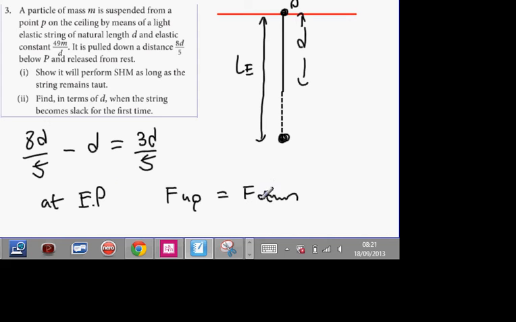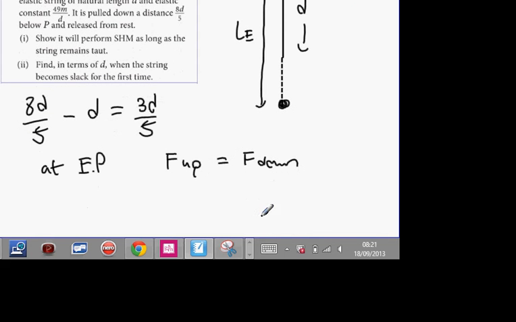Force down is very easy to do. The particle is of mass m, which means it's mg going downwards. So force down is most definitely mg. Now force up is more complicated. It's k times L minus L0. We defined L as LE, the reason being that d is already taken.